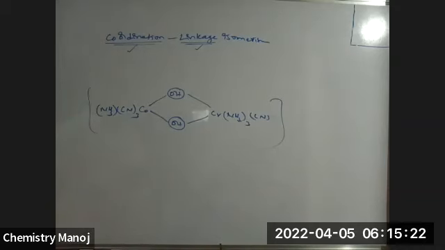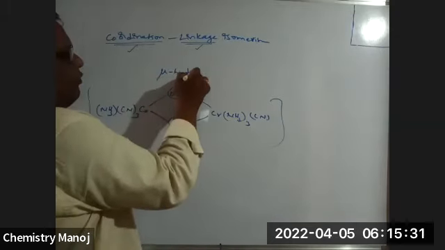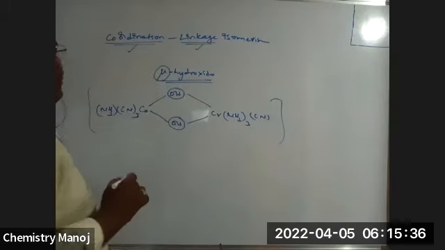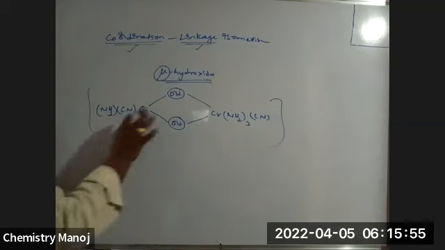Okay, it is in bridge. While writing the name of the bridging ligands, mu is used. Anubhav, that is what you asked. Whenever mu is there, that ligand is in the bridge position. Okay.